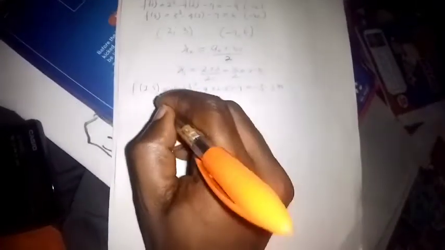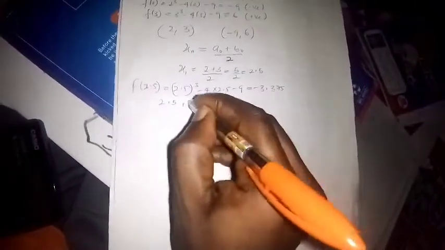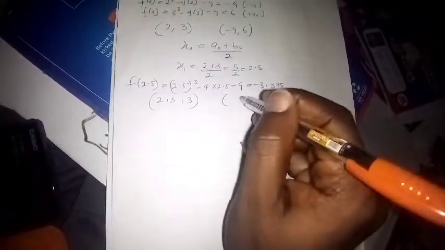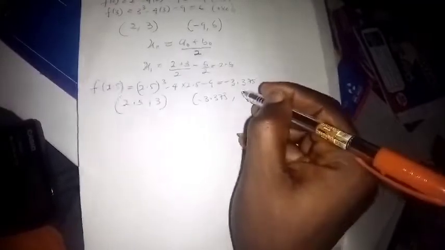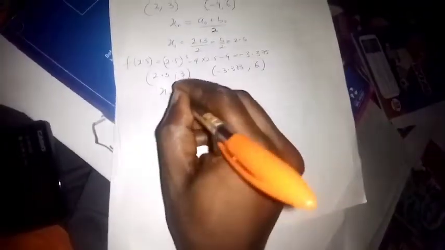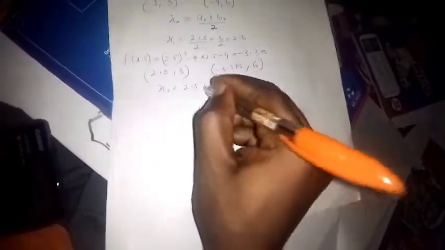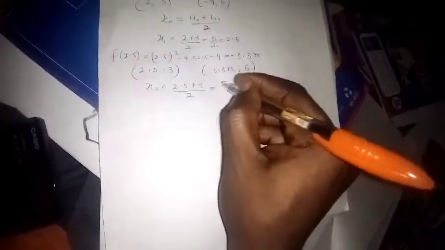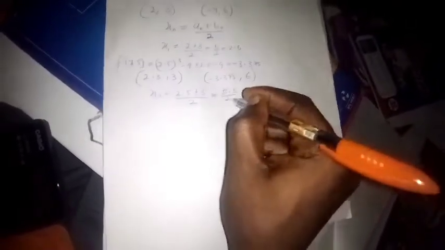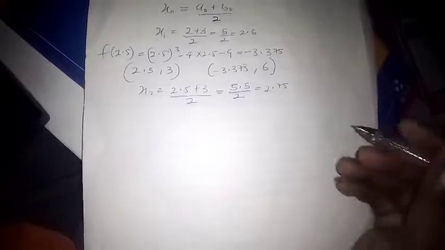So we now have 2.5 and minus 3.375. Then you go again. x2 = (2.5 + 3) over 2, which is 5.5 divided by 2, which is 2.75.